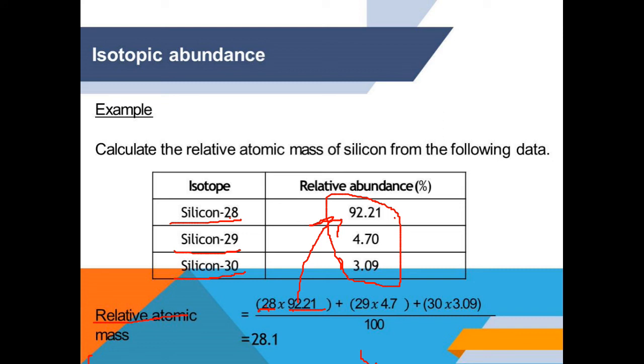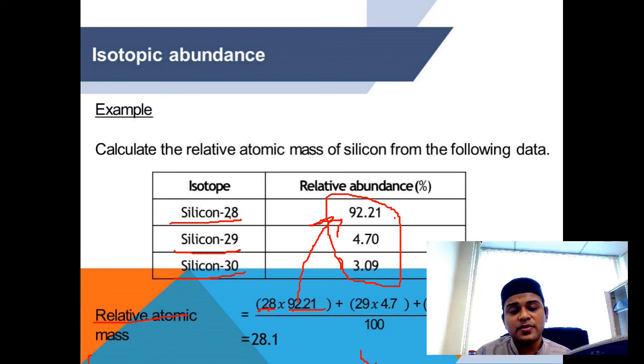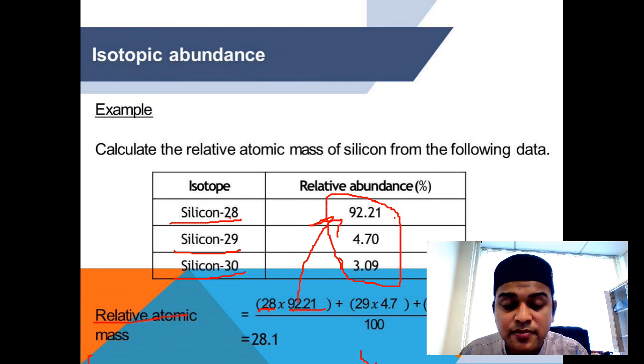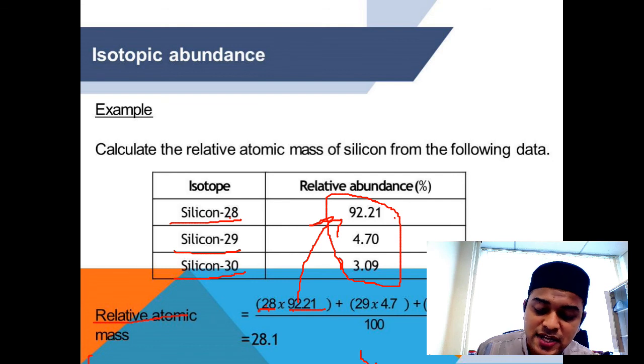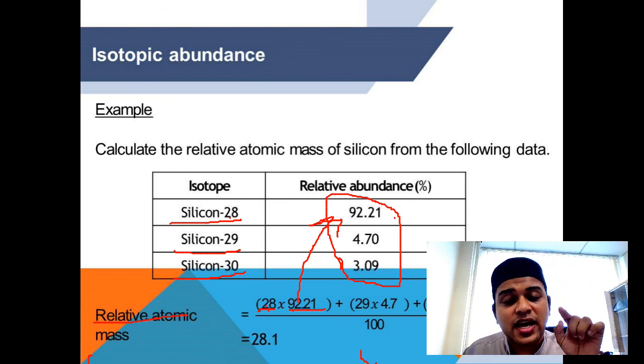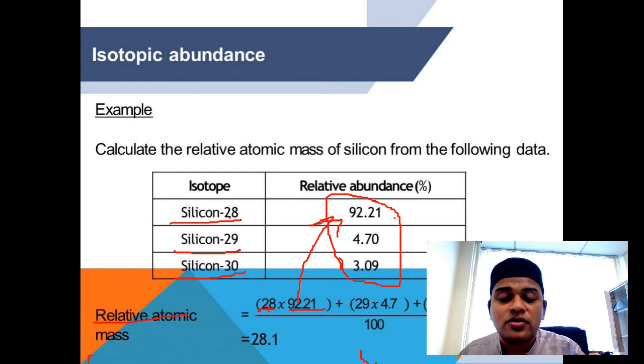So guys, when you get a periodic table of elements and look at the atomic mass of silicon, you will find it matches exactly what we have calculated. Maybe a bit different in terms of significant figures, but the value stated in the periodic table is actually calculated based on this calculation.